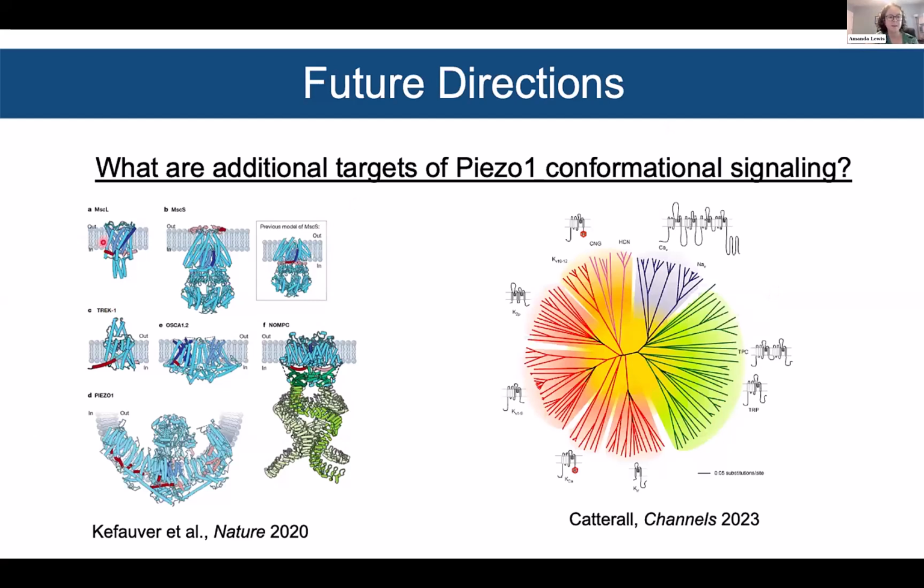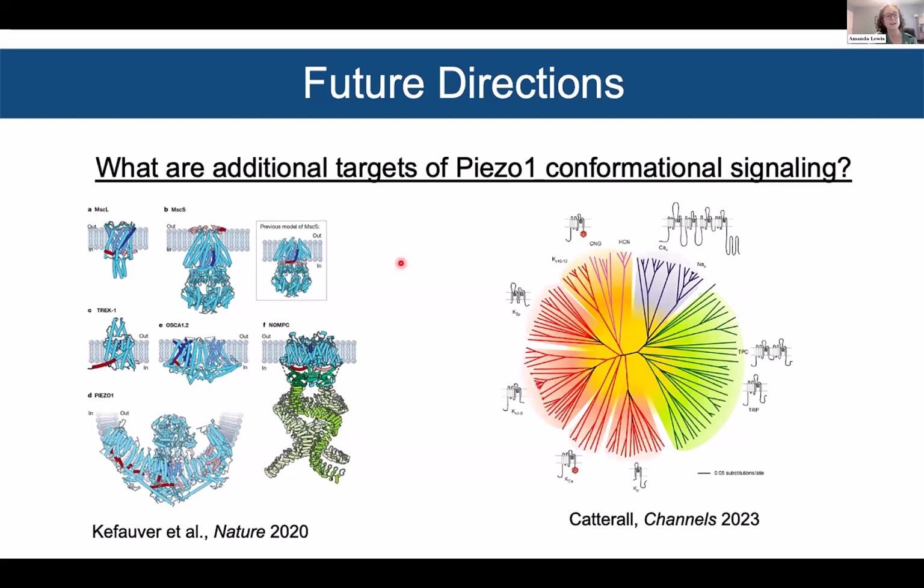So for example, in the mechanosensitive ion channel family, the TMEM63 channels, which are closely related to the fly or plant OSCA homolog shown here, are vertebrate mechanosensitive ion channels that may also be targets of Piezo1 conformational signaling. And we also think that this could be broadly expanded to anything with a voltage sensor.